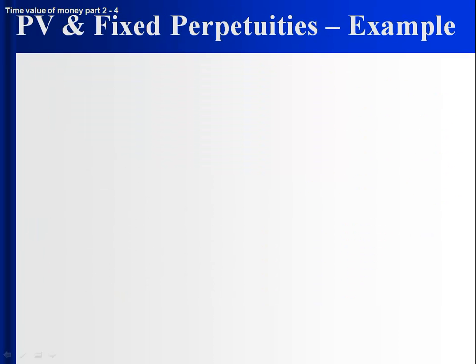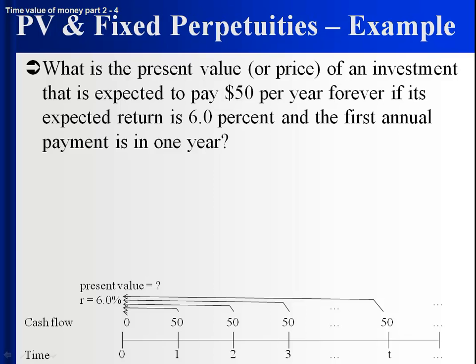So let's take a look at a few examples. What's the present value, the price, of an investment that pays $50 per year forever? It has an expected return of 6%, and the first payment's in 1 year. So in 1 year it's 50, 2 years it's 50, 3 years it's 50, forever and ever. Well, the value of this is 50 over 1.06 plus 50 over 1.06 squared plus 50 over 1.06 to the third, forever and ever.